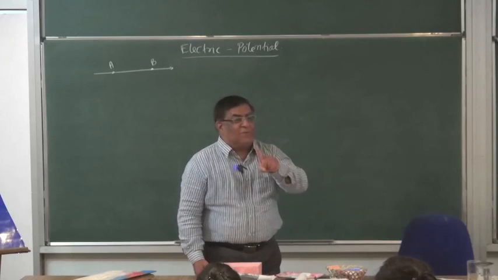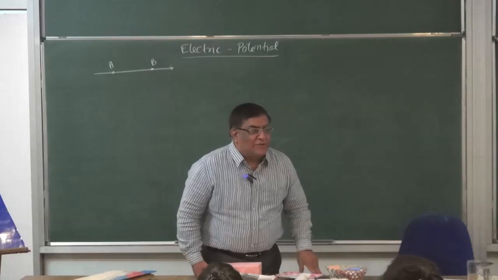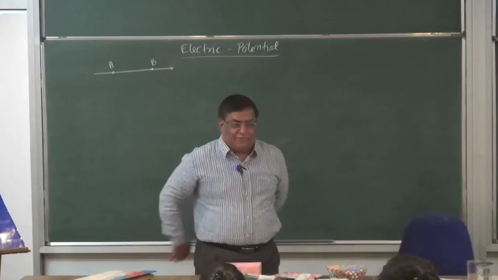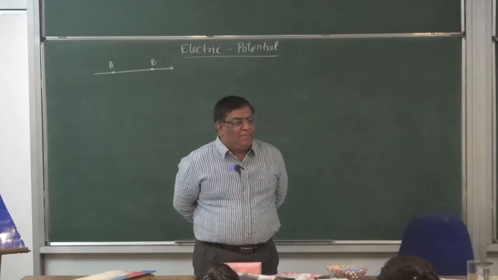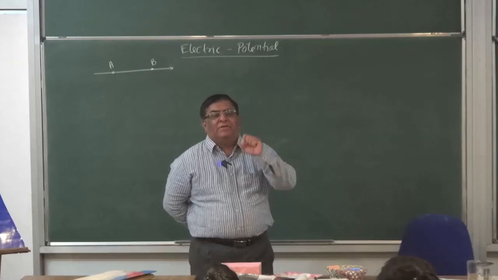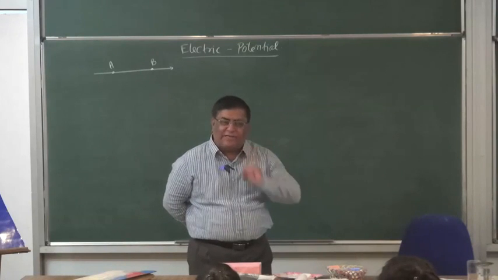Then there is a difference between point A and point B. Which characteristic is showing this difference? Answer: energy is showing the difference. Now, who is having the energy? Answer: the charged particle is having the energy.